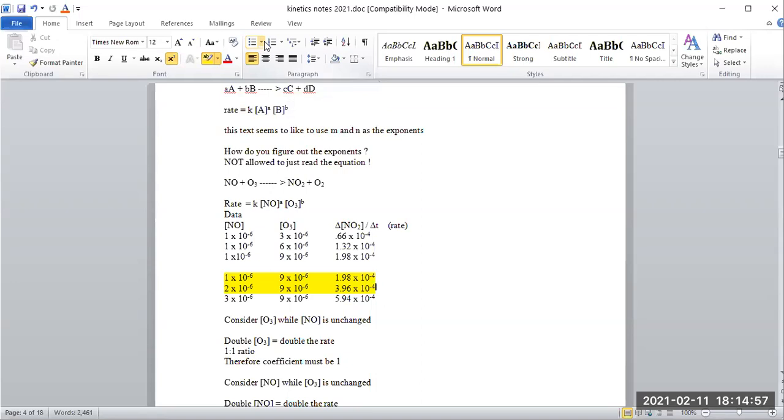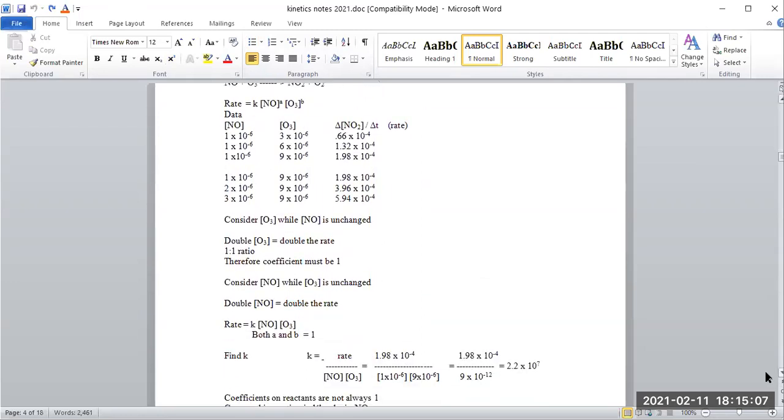Doubling the concentration doubles my rate. So this also means that my NO has an exponent of 1. And remember that all rules of algebra say 1s are not shown. They are implied. So in this case, my equation did actually match my data.